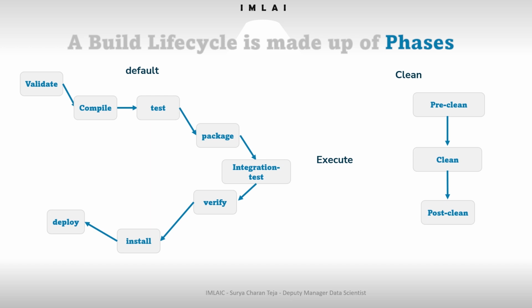Anyway, the default build life cycle begins with a validate phase. Either you can call it a step or stage or phase. We would say phase. So the better terminology is phase. What is the validate phase? Validate is the first phase of our default build life cycle.